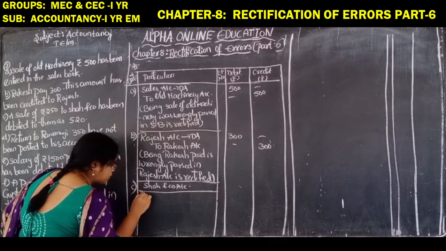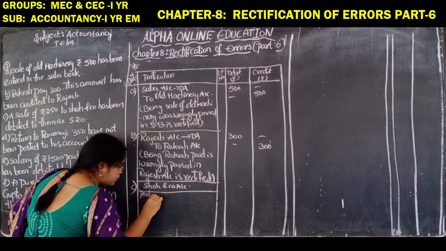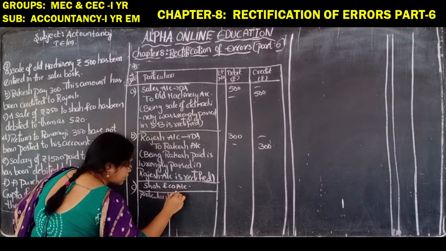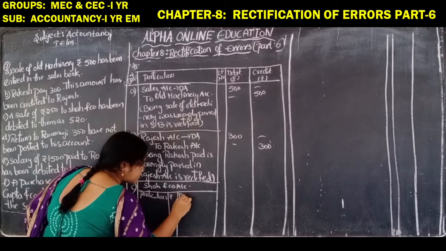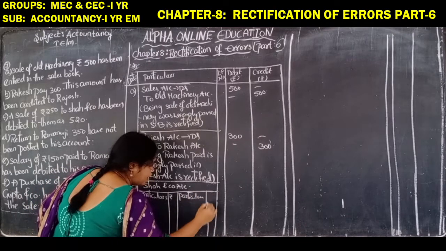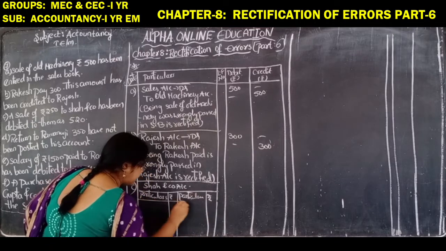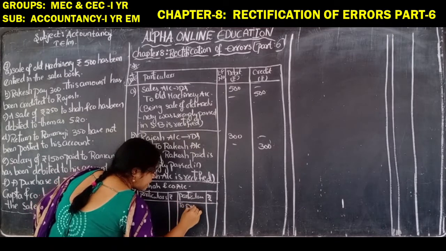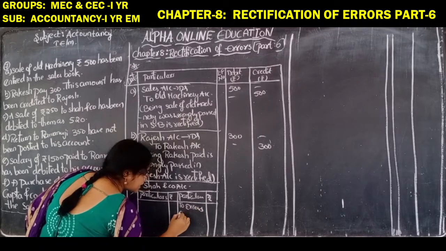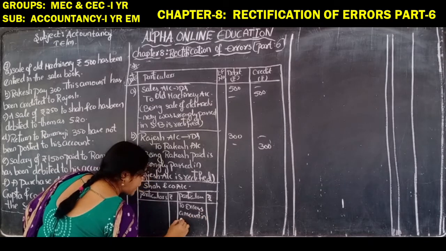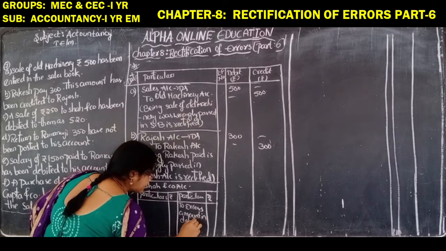We have particulars, amount, again particulars, again amount. So I am writing the entry like this, to excess amount in debit.